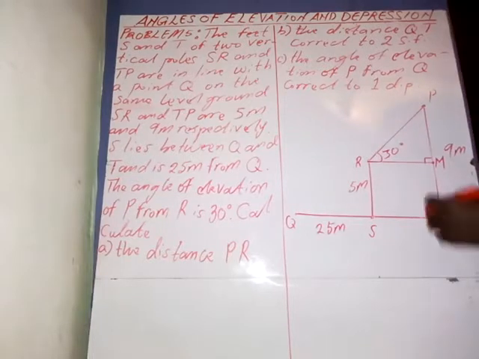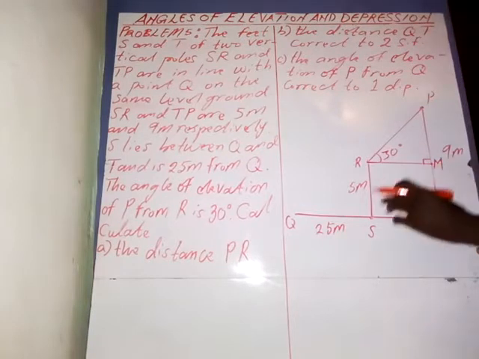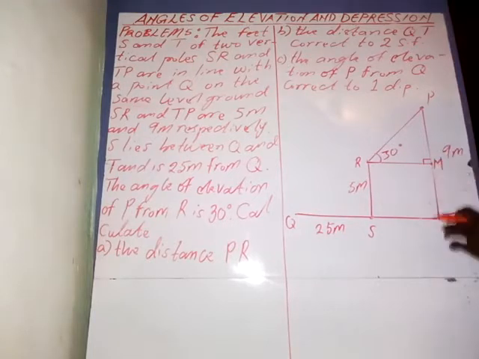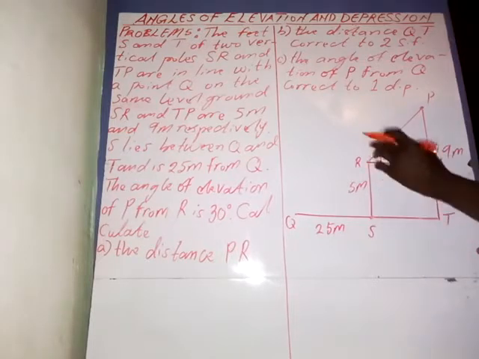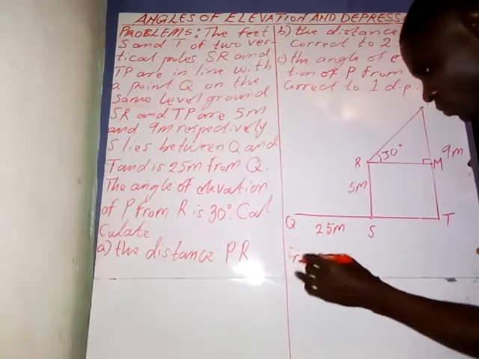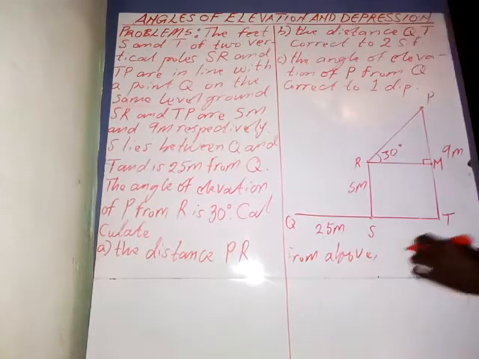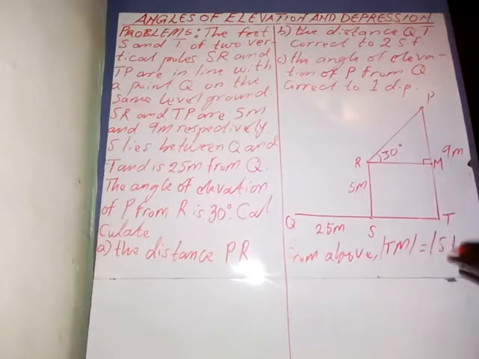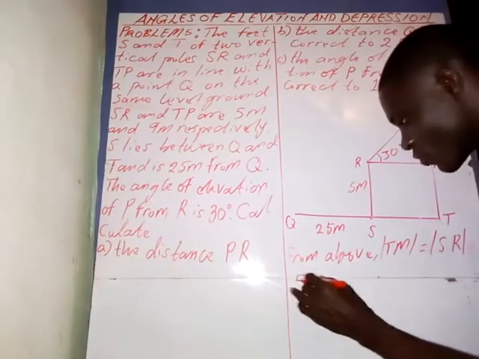Now looking at what we have here, we know that distance SR is 5 meters. And if you look at what we have here, TM will also be equal to SR. So from above, we have that TM is equal to SR, and it is equal to 5 meters.